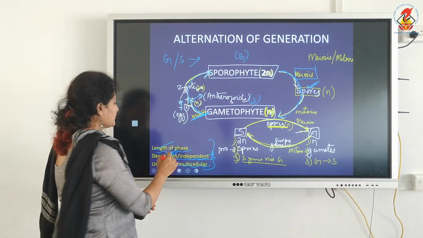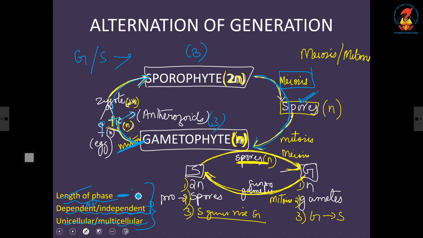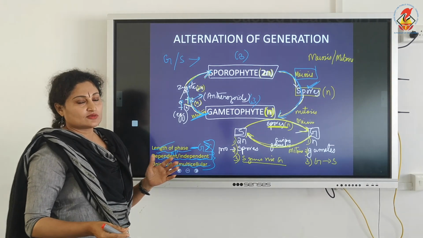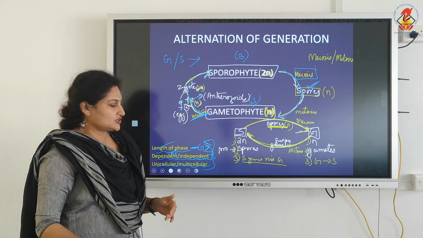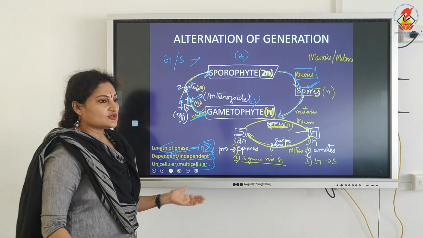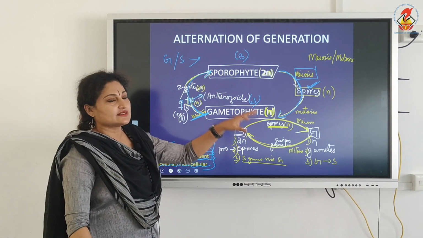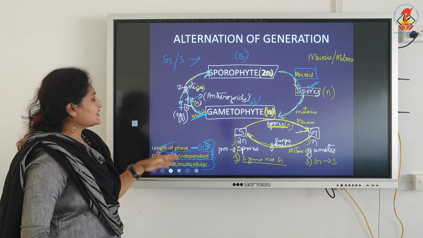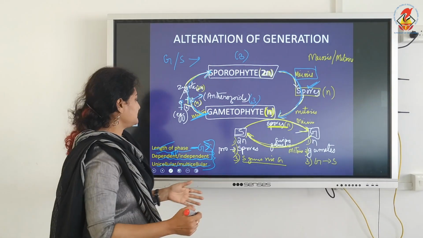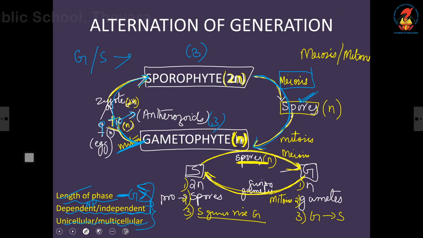So we can see the duration of the phases, whether the gametophyte is longer than the sporophyte or the sporophyte has a longer duration than the gametophyte. Then whether the gametophyte or the sporophyte is photosynthetic, and whether the gametophyte or the sporophyte is unicellular or multicellular. All these aspects will be dealt with in the coming slides because they vary from division to division. Here I want to highlight one more point.